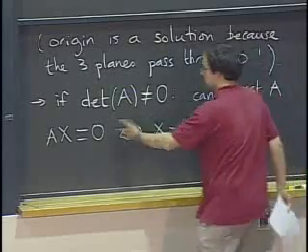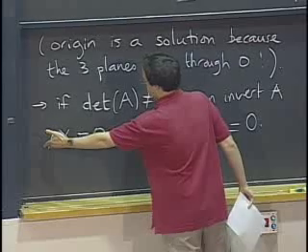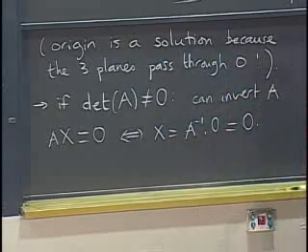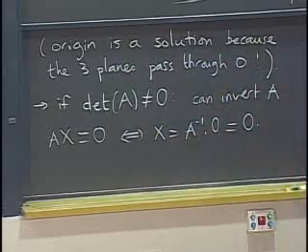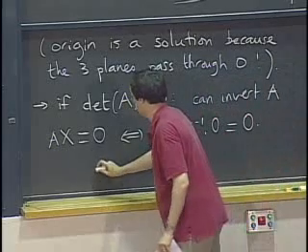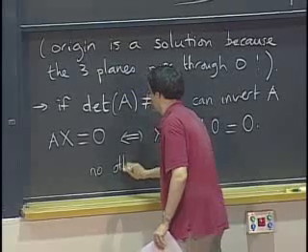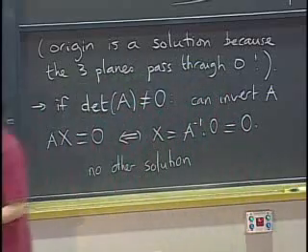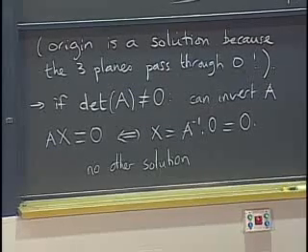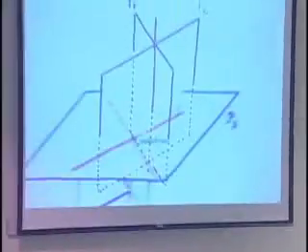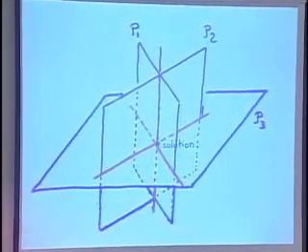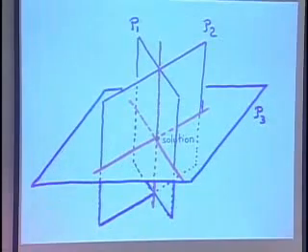Because if Ax is 0, then let's multiply by A inverse. We get A inverse Ax, that's x, equals A inverse 0, that's 0. We get x equals 0. We've solved it. Okay, no other solution. So to go back to these pictures that we all enjoy, it's this case.